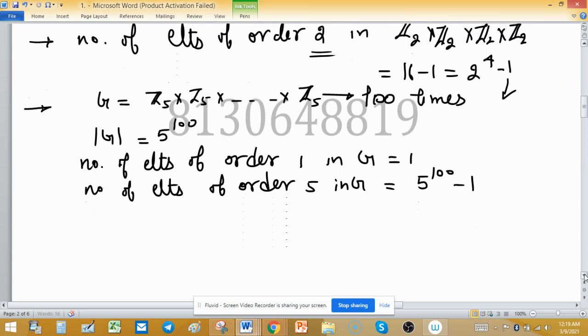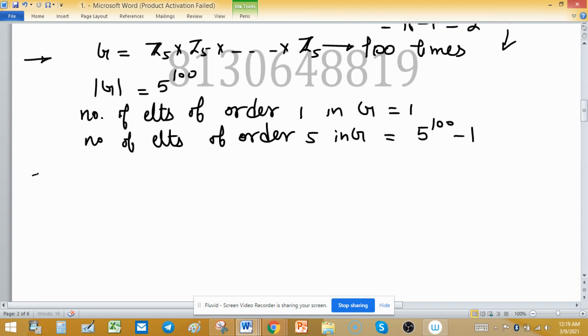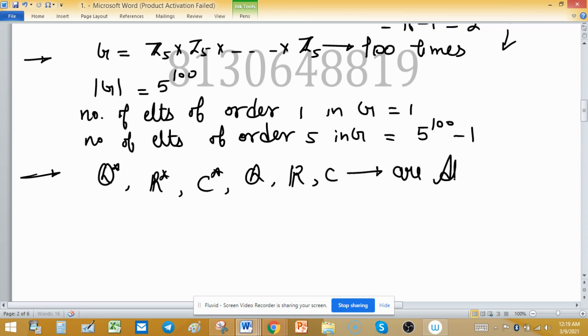Next, Q*, where * means 0 excluded, R*, C*, Q, R, C. These are abelian groups but not cyclic.